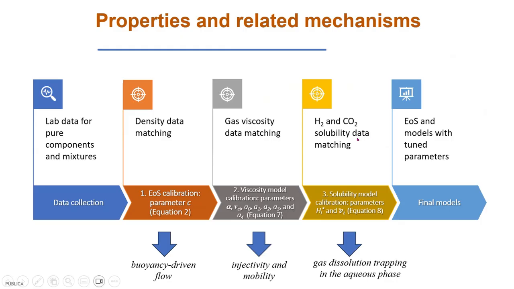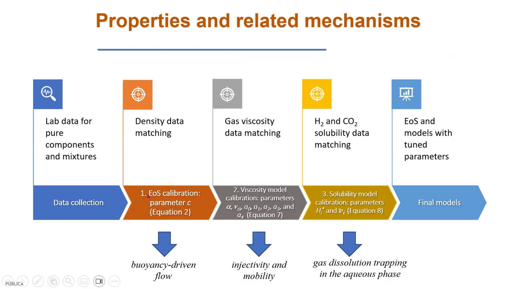So you need to compute this amount, this phase change from the gas phase or supercritical phase to the aqueous phase. For that you need a solubility model, and this solubility model depends on some parameters of the equation of state. This explains why I recommend doing this step only after calibrating the equation of state.